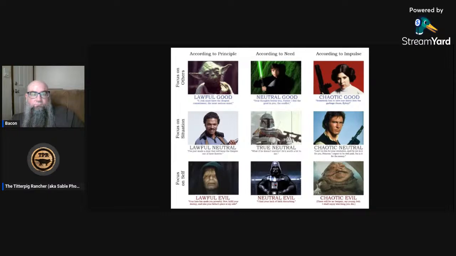Just in the first movie, right? Han Solo, he's a mercenary. He's focused on money. He hooks up with, he's focused upon, in whatever situation he's in, whatever is going to give him the best feeling. And it might seem like he starts at true neutral, but look at how he handles Greedo.